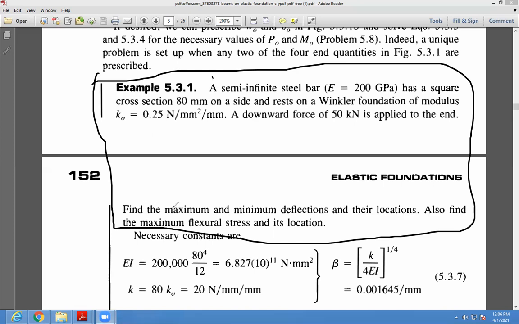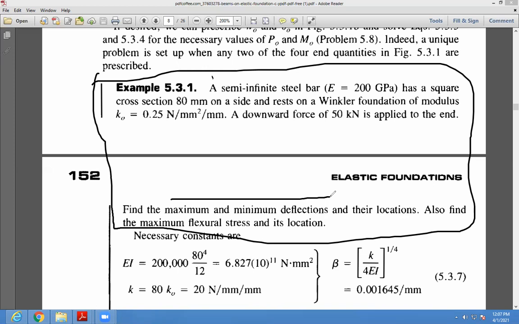Find the maximum and minimum deflections and their locations. Also find the maximum flexural stress and its location.